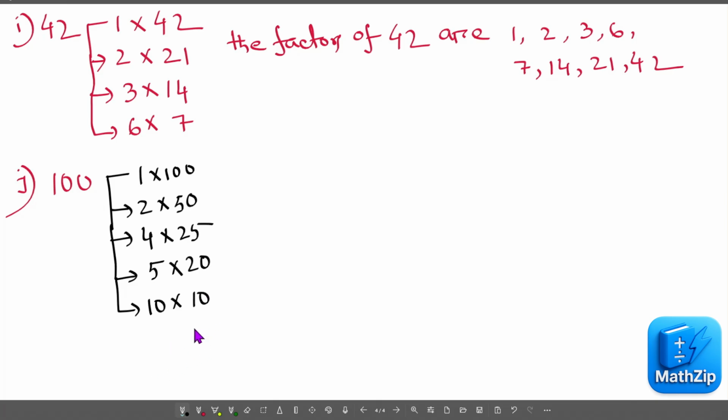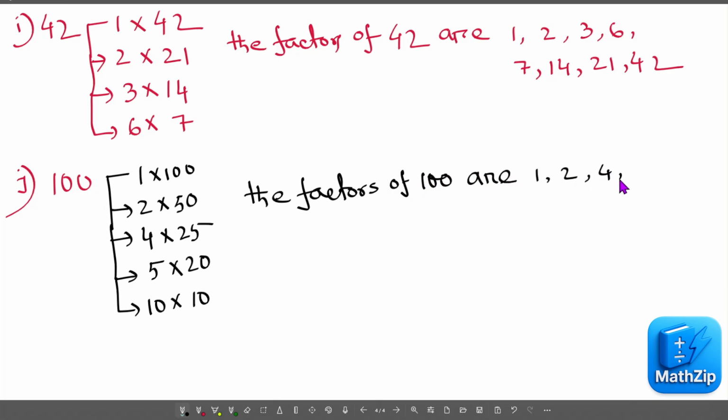Then 11 up to 19 are not possible, 20 is already done. So the factors of 100 are 1, 2, 4, 5, 10, 20, 25, 50 and finally 100.